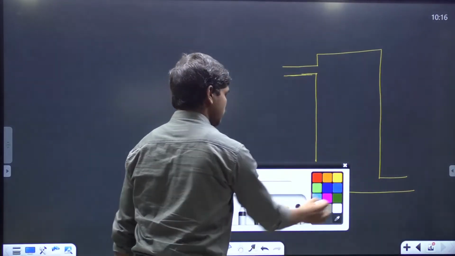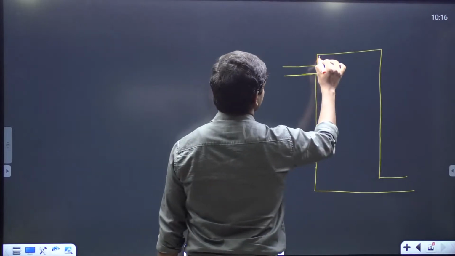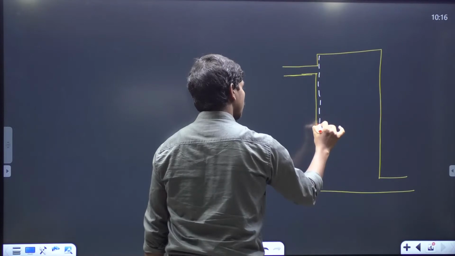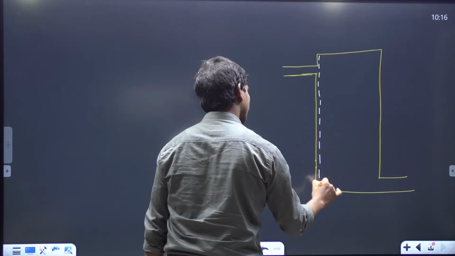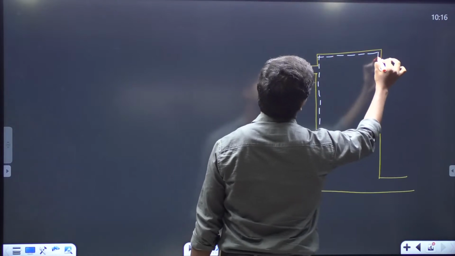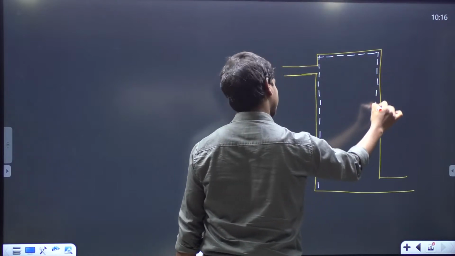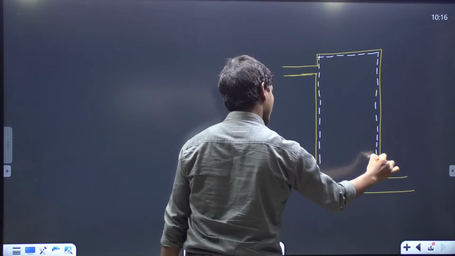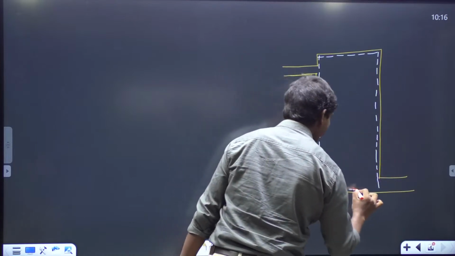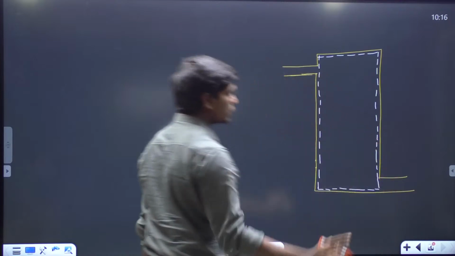So let us plot the boundary. So if you see, this is the boundary for this.